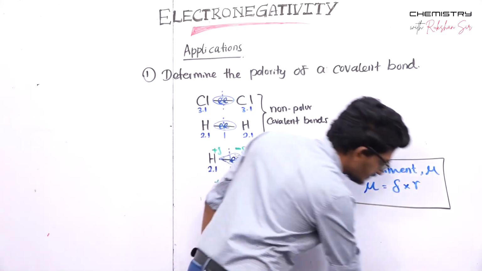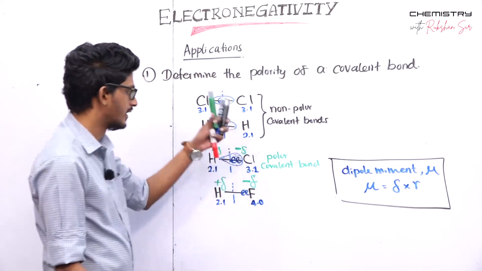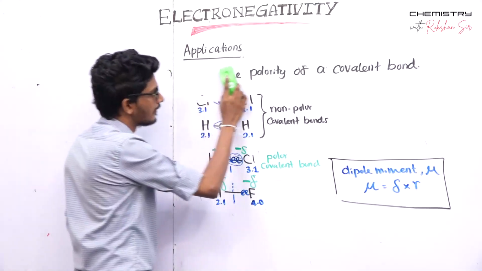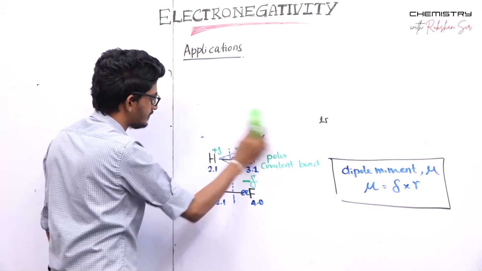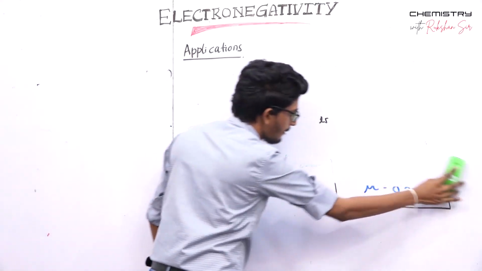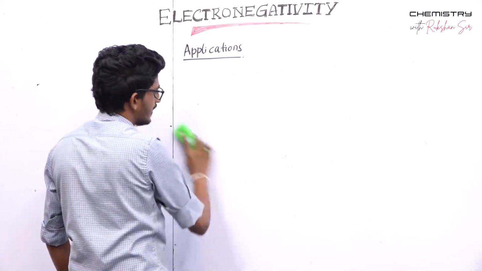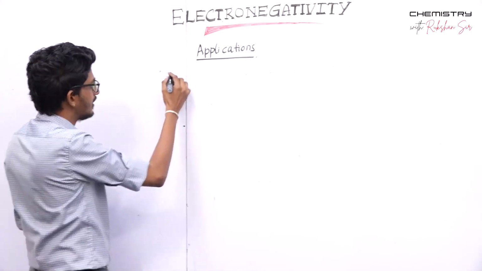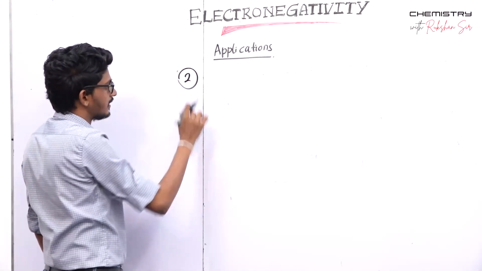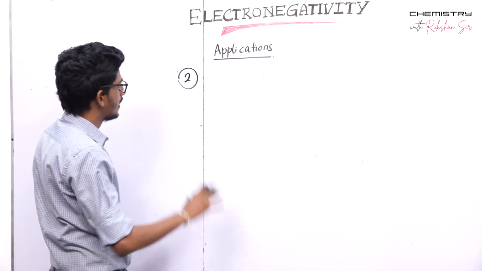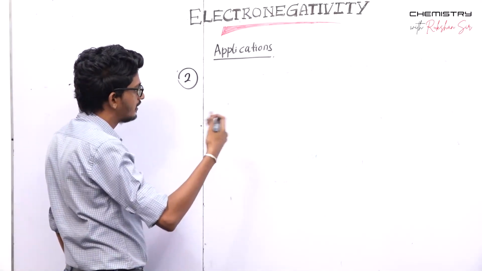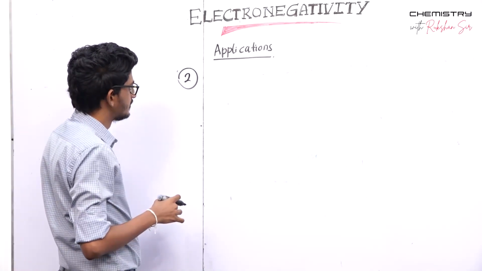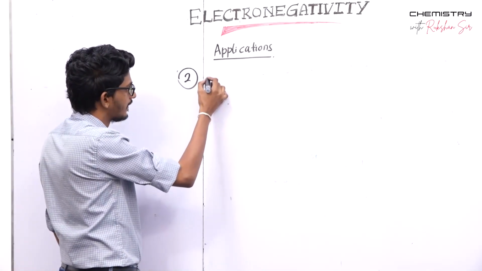The second application, these are there in your note, right? The second application is that you can predict whether a bond is covalent or ionic with the use of electronegativity values, right?